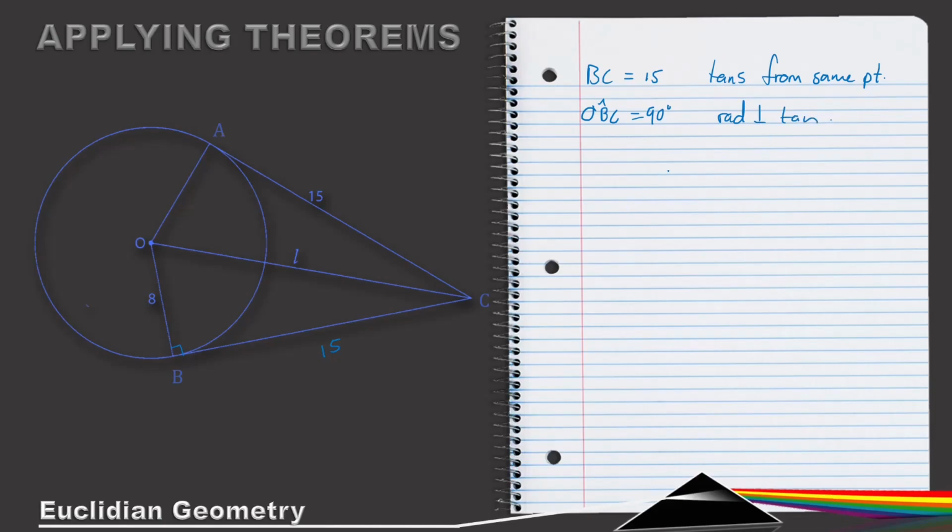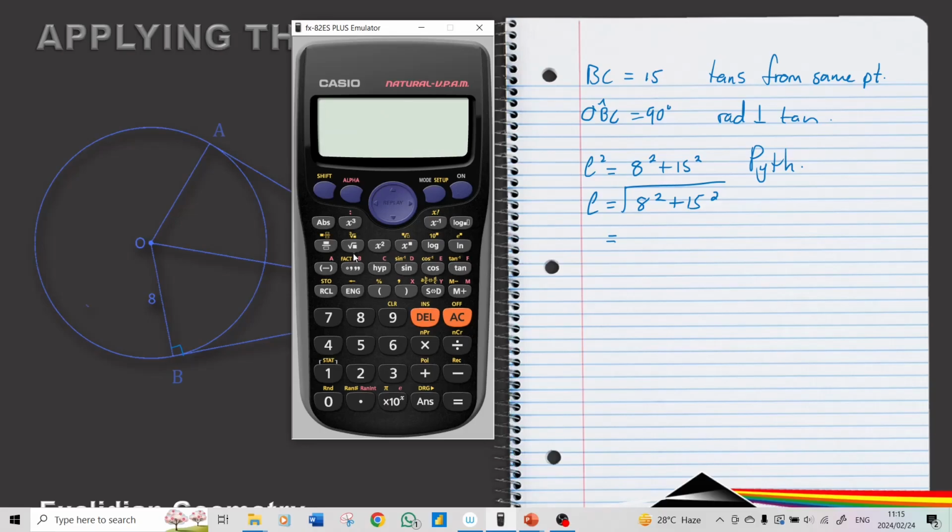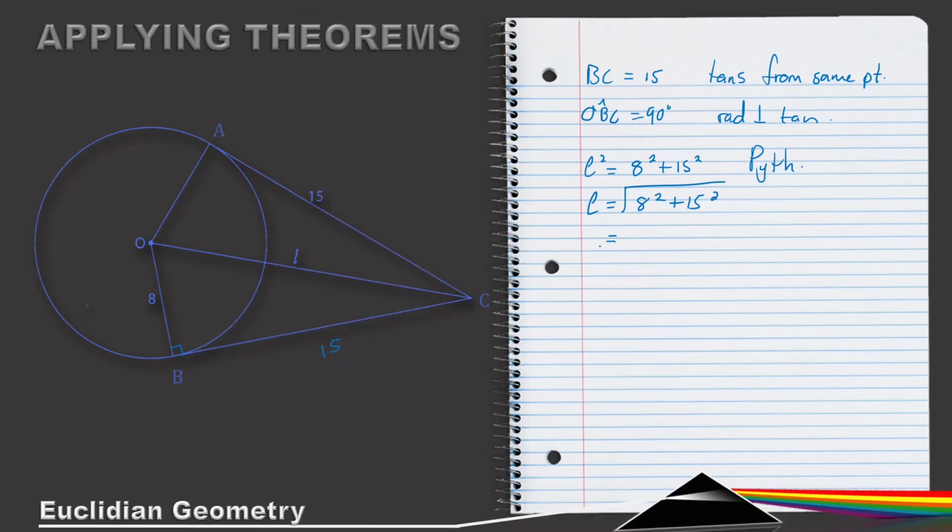Then I can say that L squared, this is now the hypotenuse, is equal to 8 squared plus 15 squared, and my reason is Pythagoras. So L is the square root of 8 squared plus 15 squared. Then I can just type that into the calculator, and it is equal to 17. And then we're done.